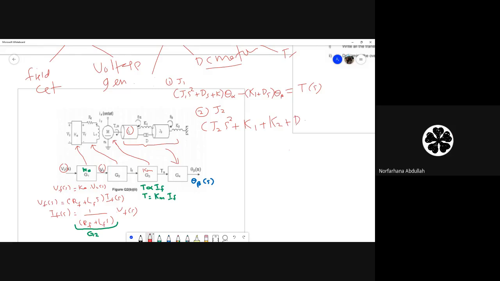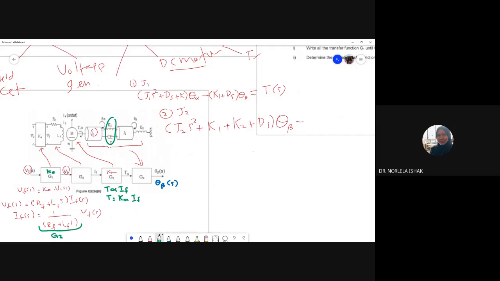Plus damper. Betul? Darab dengan theta beta minus, minus apa? Kita minuskan yang ni, kan? Because K1 and damper that one is between alpha and beta. Okay, so kita kena minuskan dia.